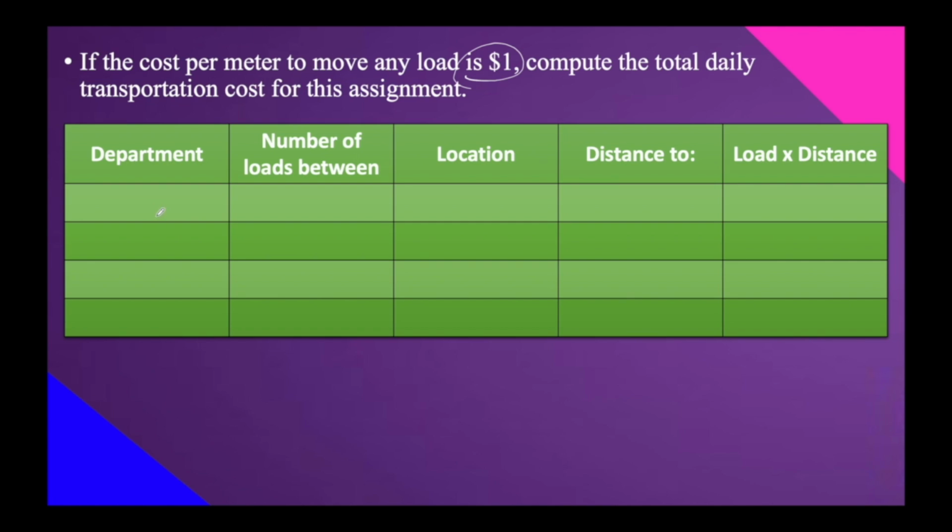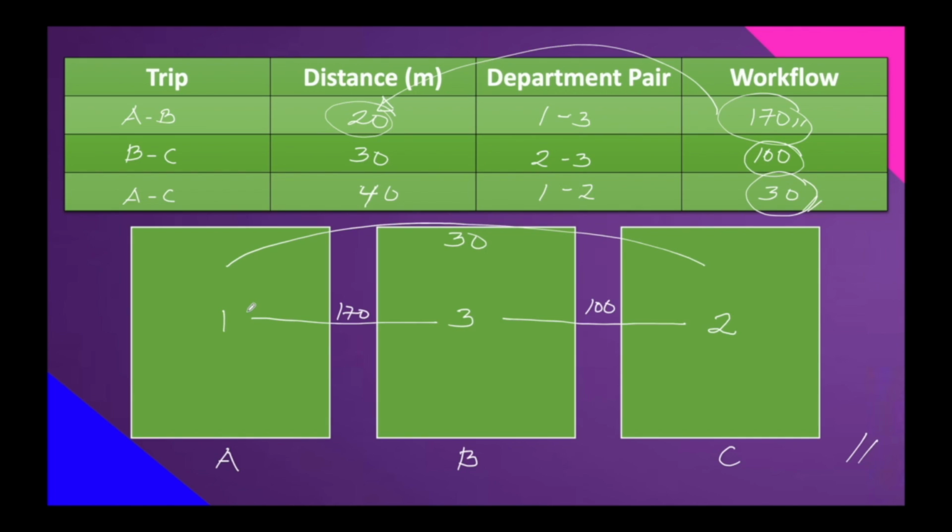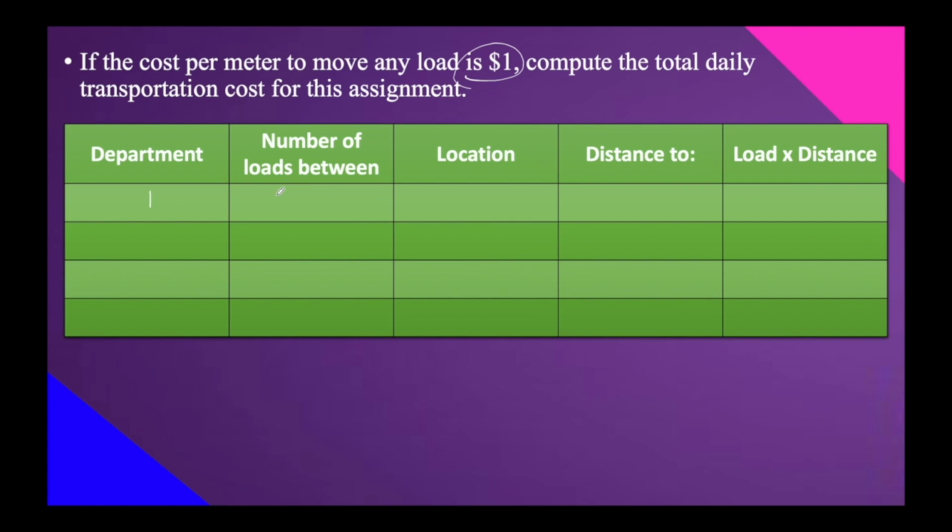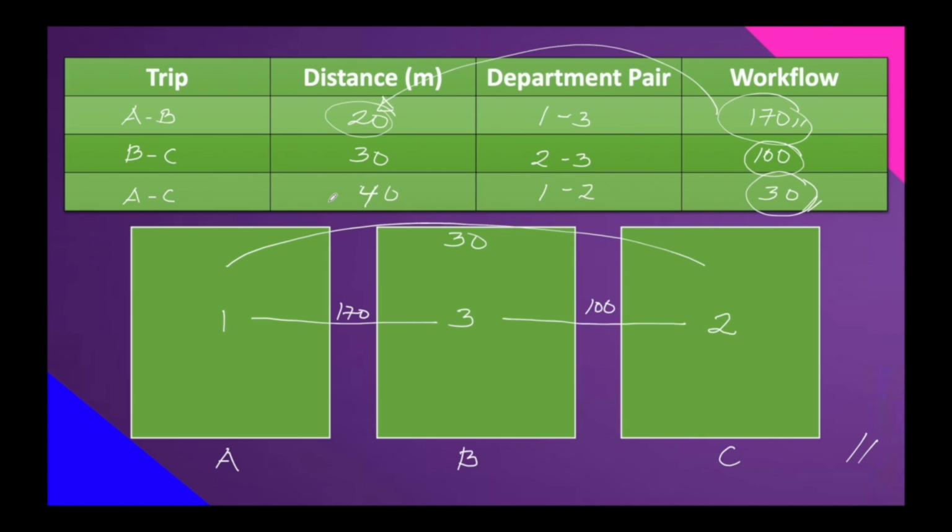Department 1. Okay. So, for the Department 1, number of loads between Department 1 to 2, that is 30 loads. Okay, so 1 to 2, that is 30. Okay, and that is placed on location A. Alright? That is the Department 1.